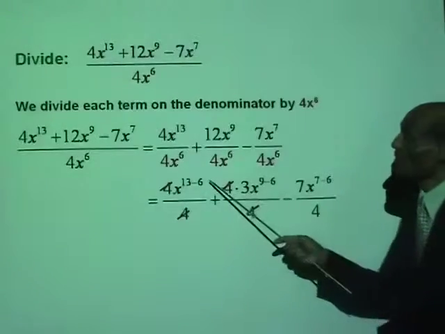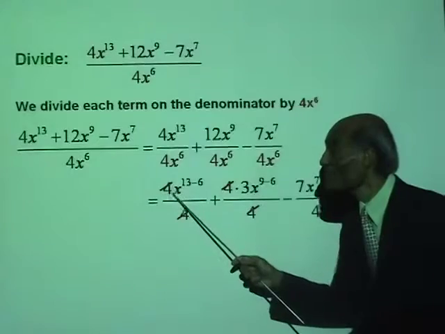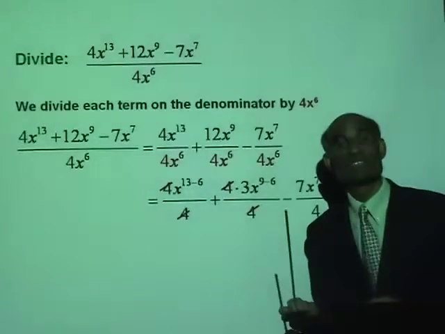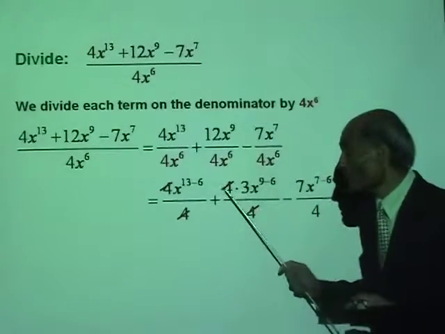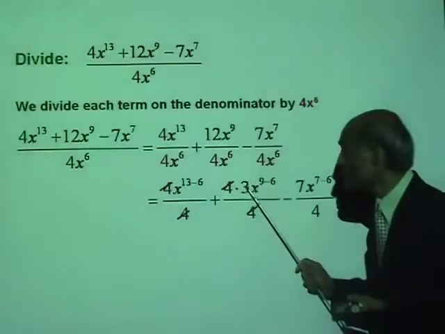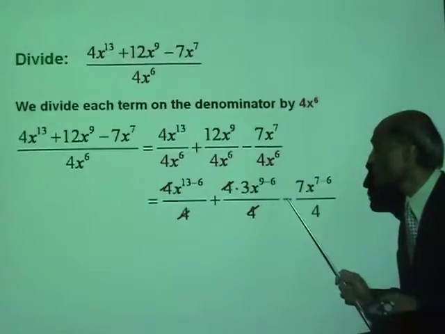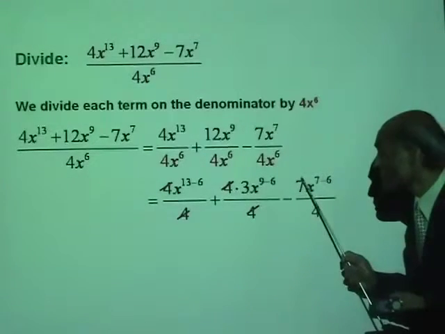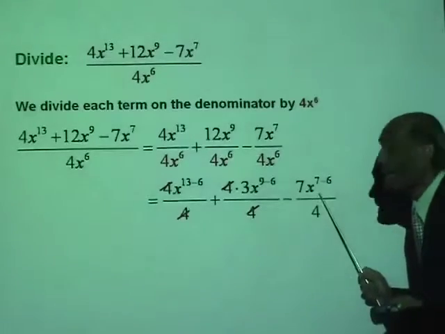Okay, so tell me, what is the first term? The first term is x to the power of, what is 13 minus 6? Is 7. The first term is x to the power of 7 plus the second term is 3x to the power of 3 minus, look at the coefficient for the last term. The coefficient for the last term is 7 over 4 x.